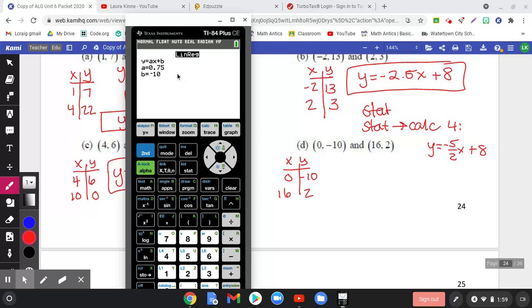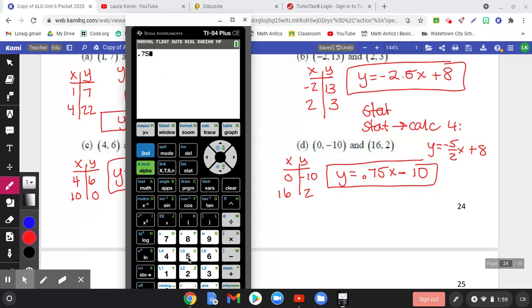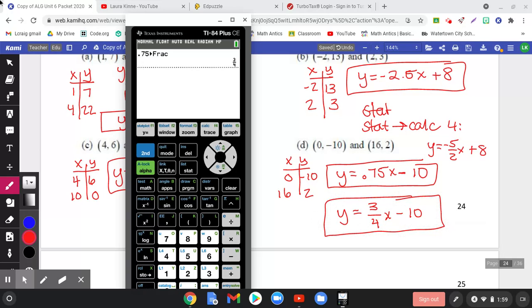There you go. y equals 0.75x minus 10. There's your equation. And again, if you don't like the 0.75, let's change it. 0.75, math, enter. So it could be written as y equals 3/4 x minus 10. Which you maybe knew without the calculator, but there it is.